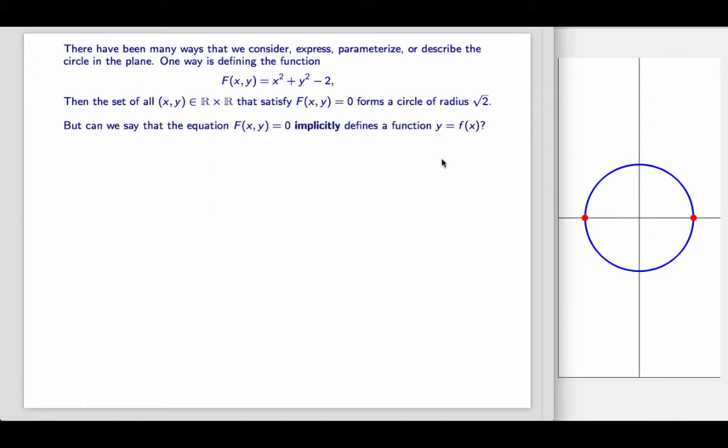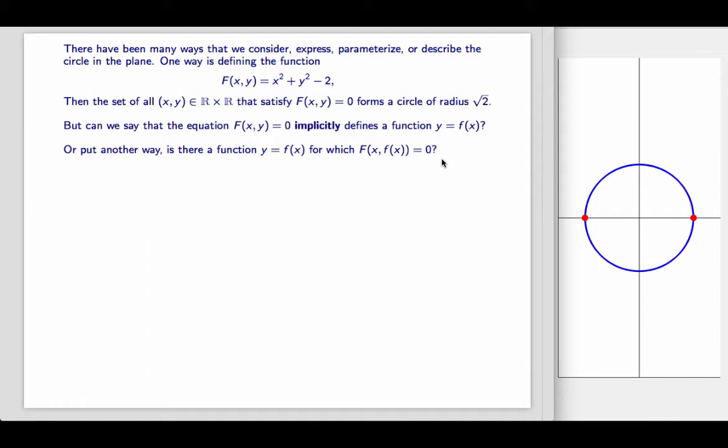But can we say that the equation f of x comma y equals 0 implicitly defines a function y equals f of x? Well, if we look at the picture, every x and y satisfying f of x, y equals 0 forms a circle. And of course, we know the circle fails the vertical line test. However, what about for portions of the circle?